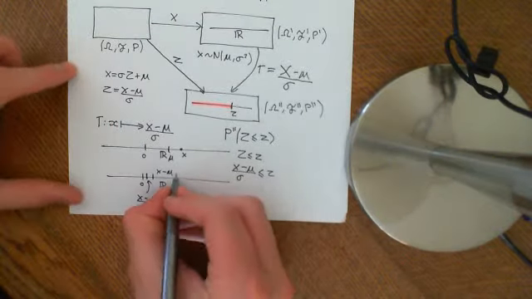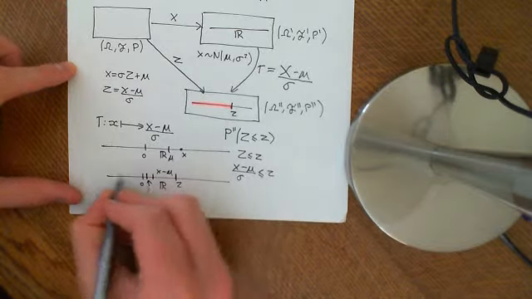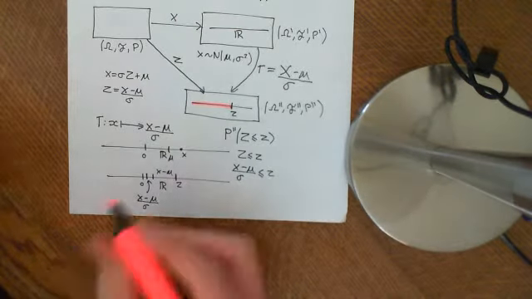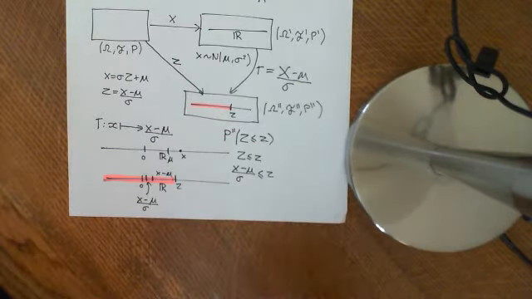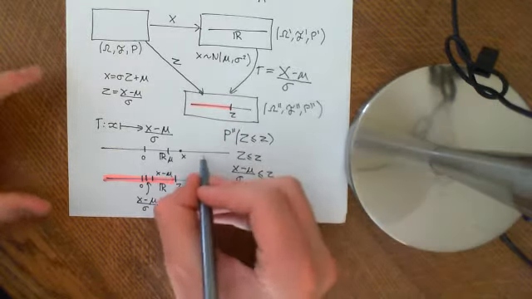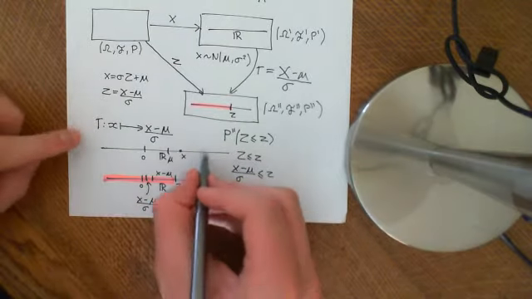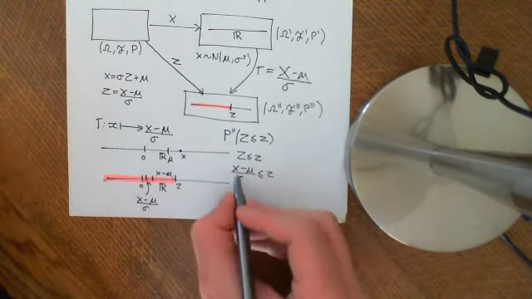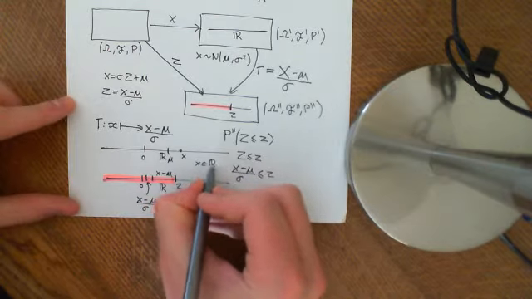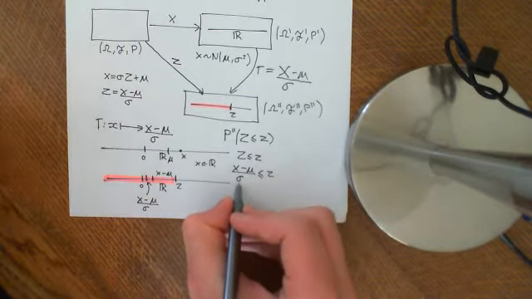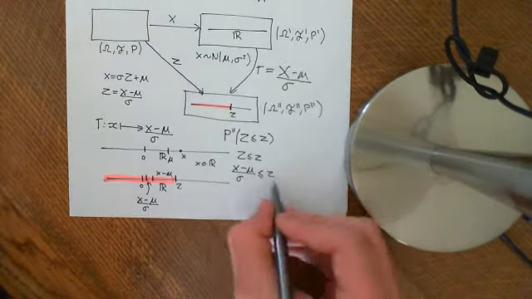If you imagine this being z, then we want all points that are to the left of z, and if we want to work out what set this corresponds to back here, it's all points little x that are an element of the real numbers, such that little x minus mu divided by sigma is less than or equal to z.